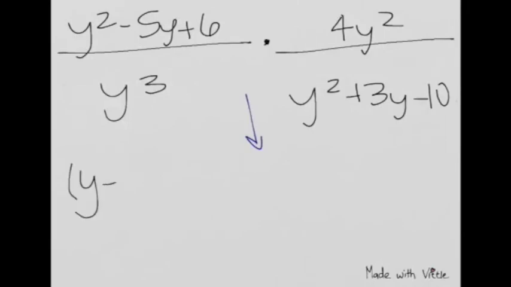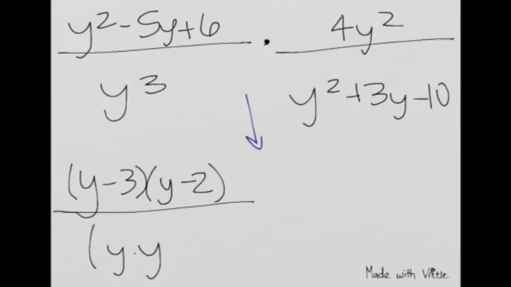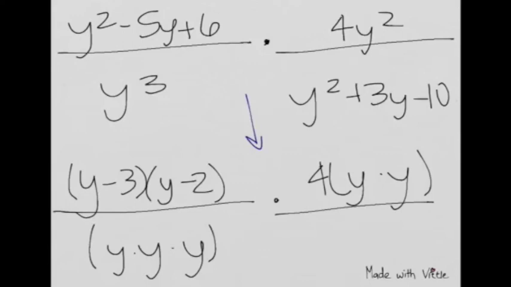y minus 3 times y minus 2, because we're simplifying, and y times y times y, just to show. And then 4 times y over y plus 5 times y minus 2.